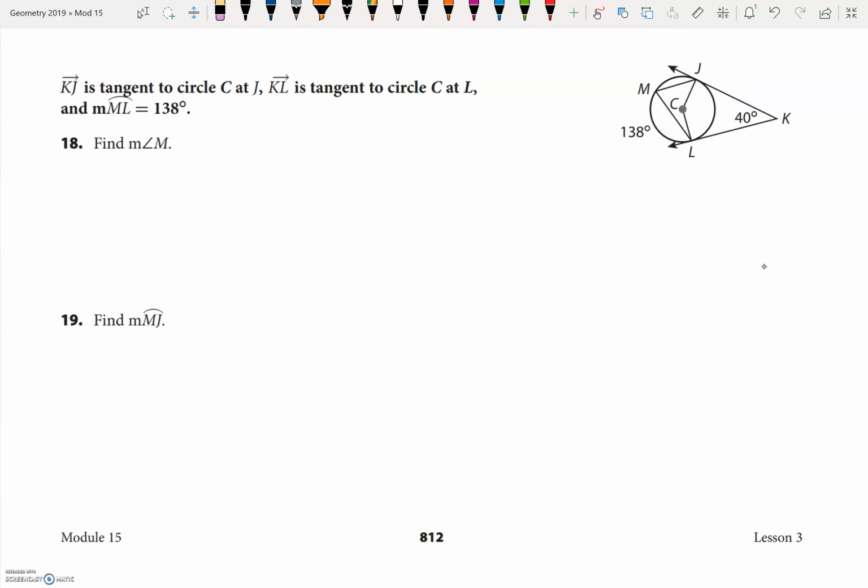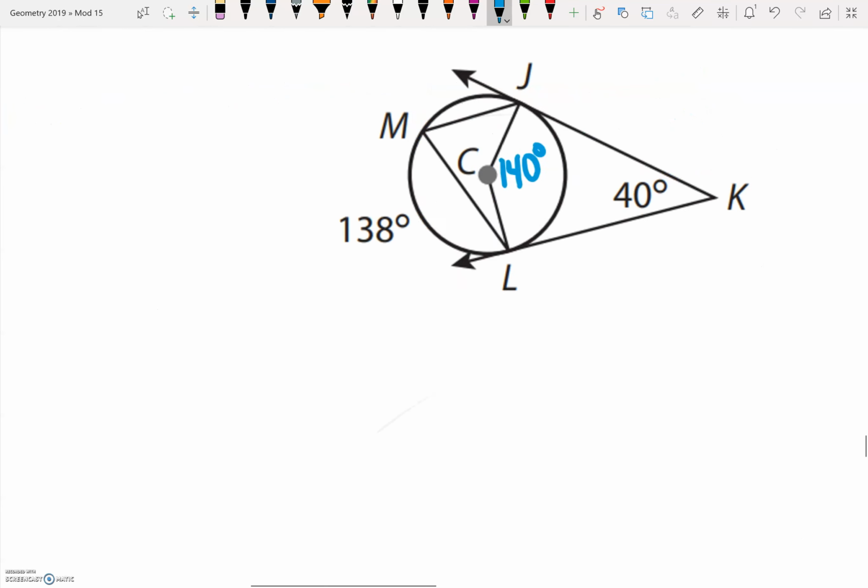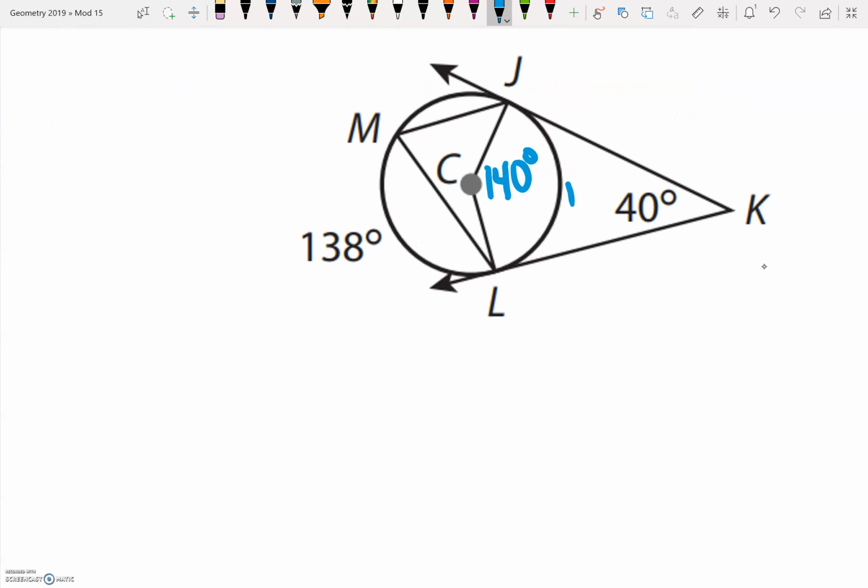We want to find the measure of angle M. Knowing what we just did with the relationship between this angle and our central angle, those are going to be supplementary. So we can say that this is 140 degrees.